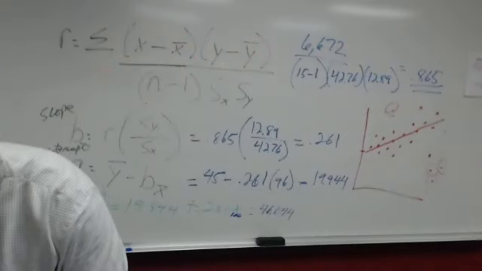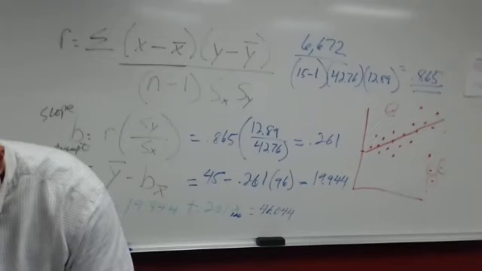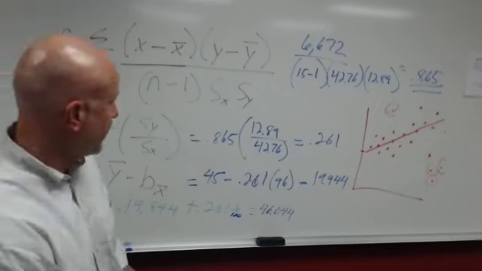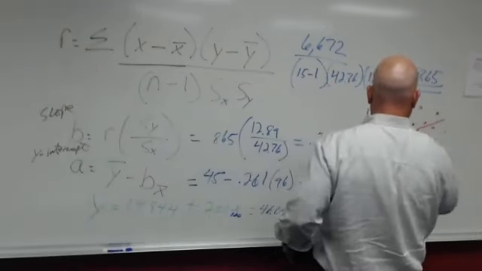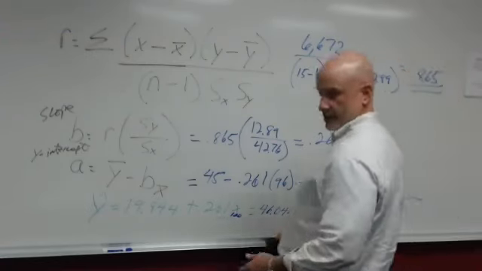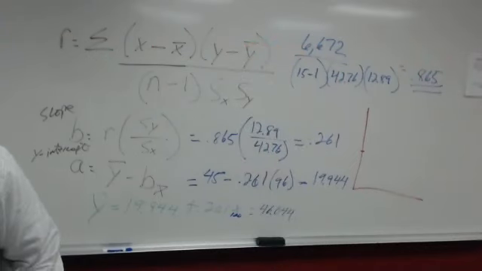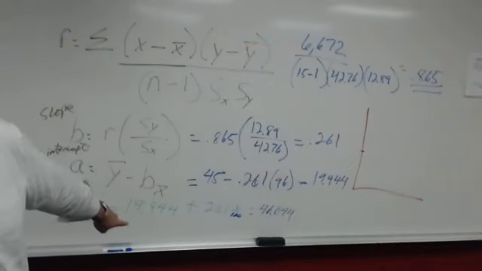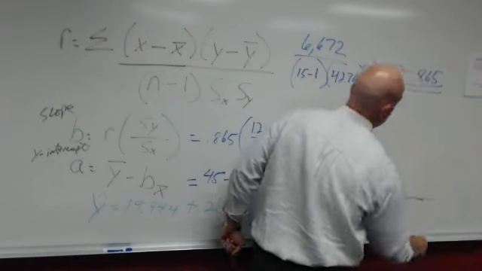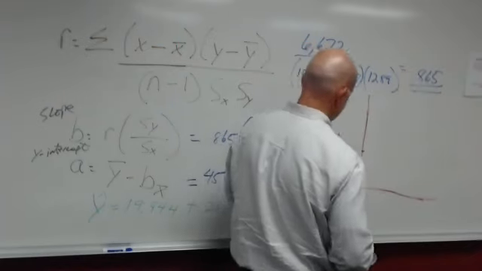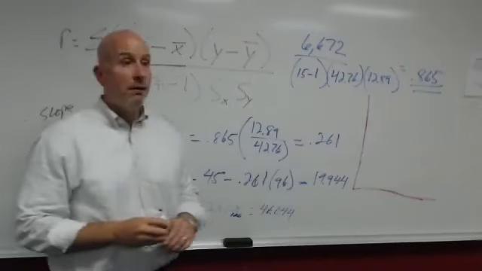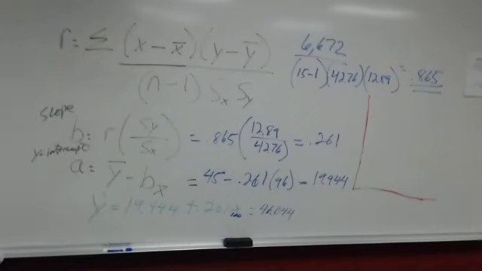Okay, back to this example though. How can we draw the regression line for our copier data? Using this here, the Y-intercept would be 19.944.